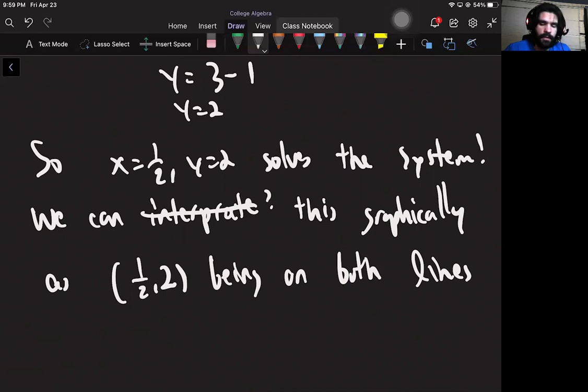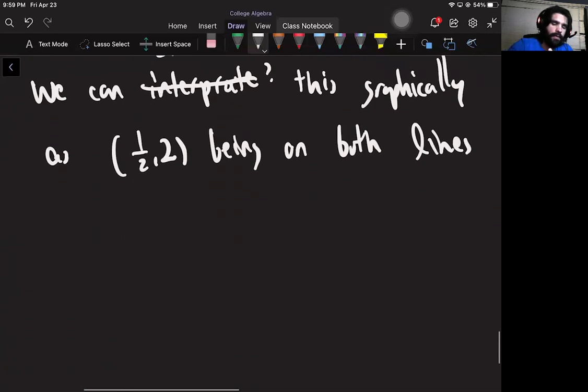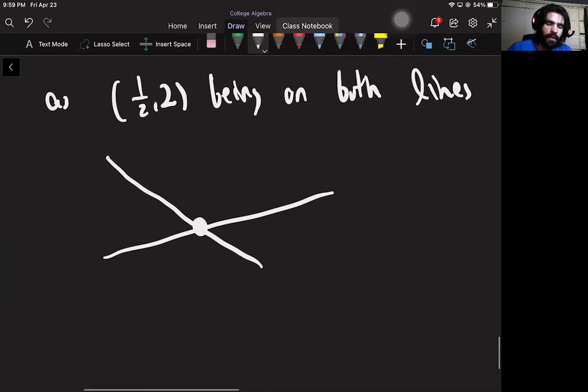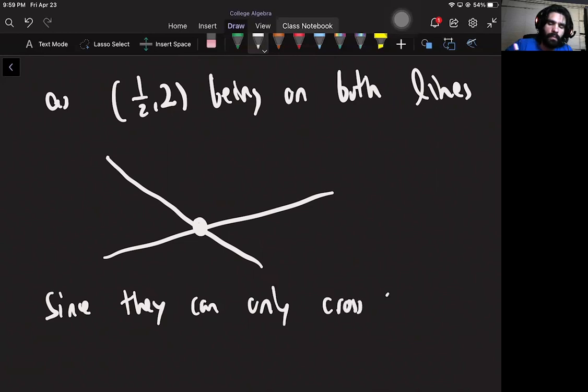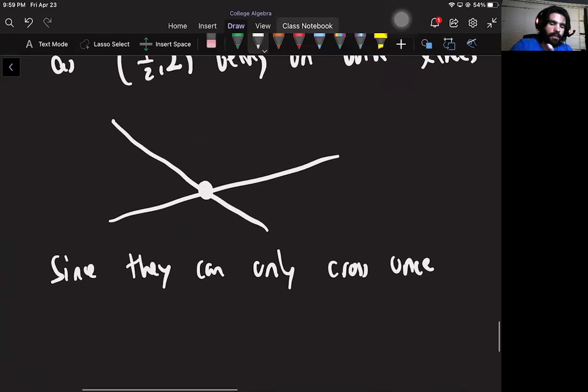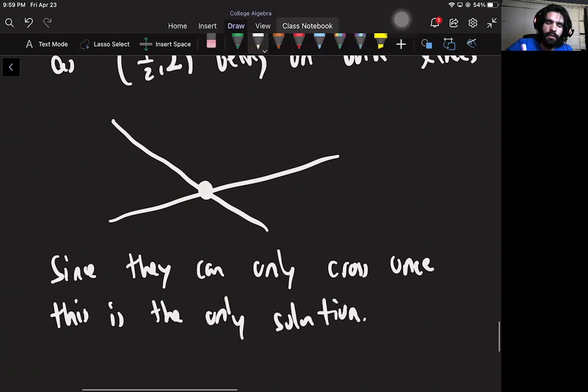And since this point is on both lines, if you have two lines and they cross, then this must be that crossing point. Since they can only cross once, like this, right? The lines can't double back and cross again. Since they can only cross once, this is the only solution. So that's how we know that this is the only solution to the system.